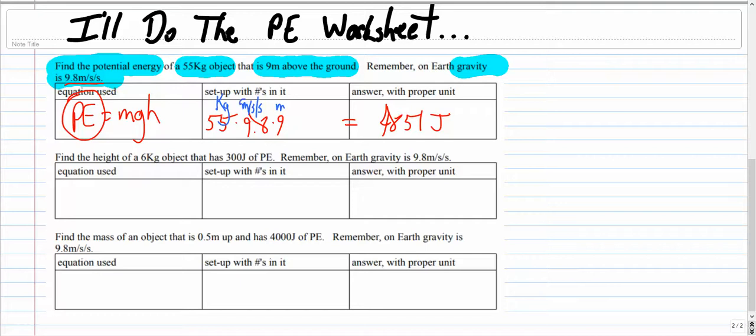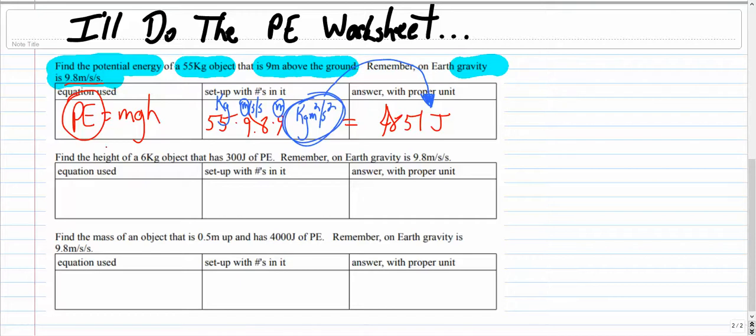So we've got meters on top and meters by itself, so that's actually going to be kilograms meters squared per second squared. And you've already watched the energy video, I hope, and you know that this is just an abbreviation for joules. And it makes a lot of sense to use the J here, because who wants to write this all the time? So anyway, that's one problem down, 5 to go if I decide to do them all.